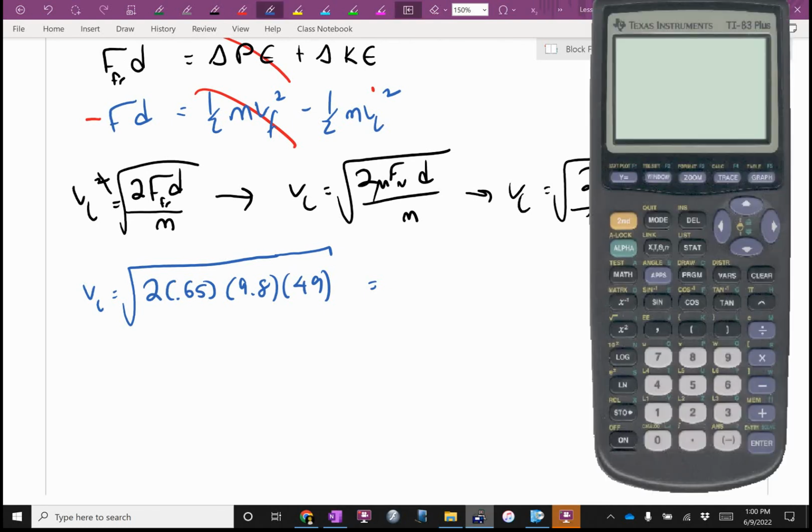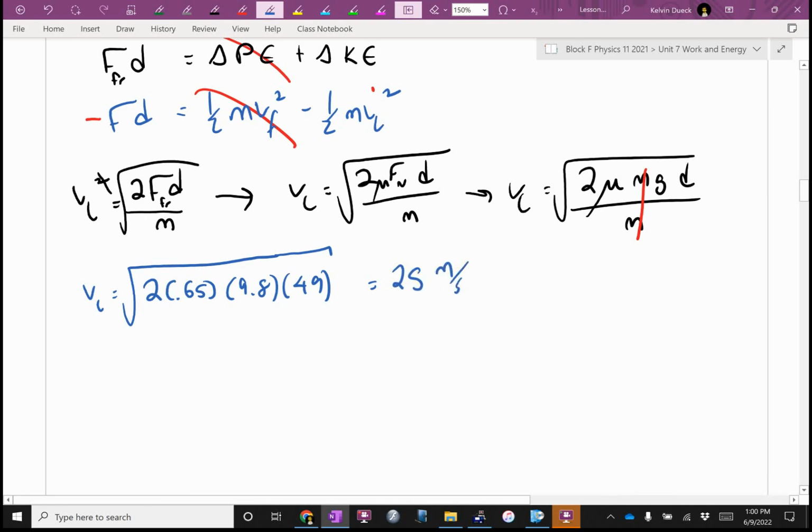What do you get? You get 24.9. You know what? I think no matter how I round that off to 3 or 4 sig figs, it's going to be 25.0, I think. 25. Is that right?